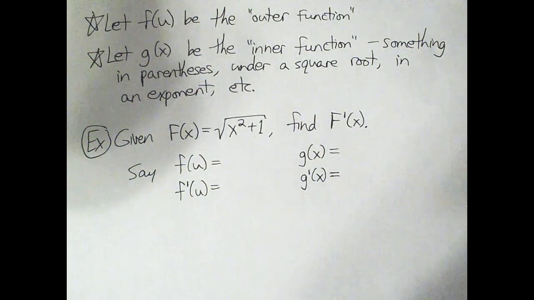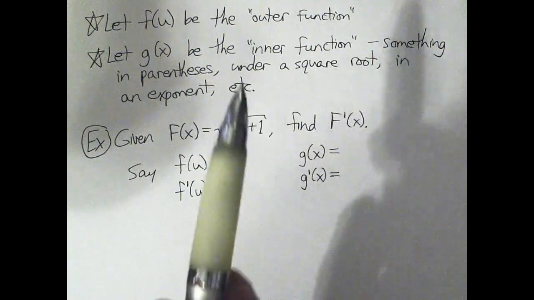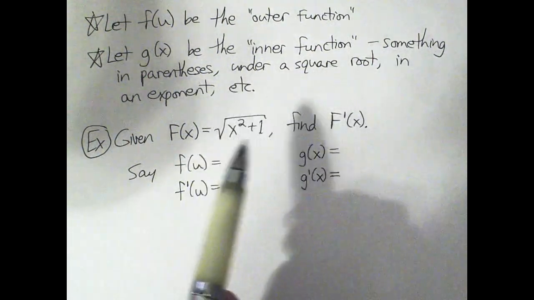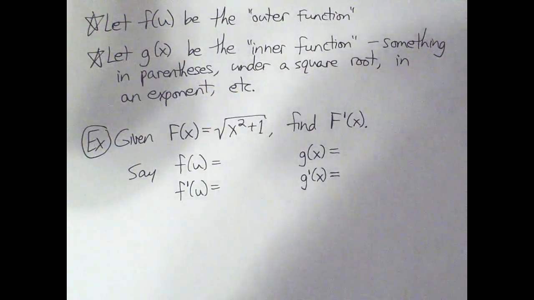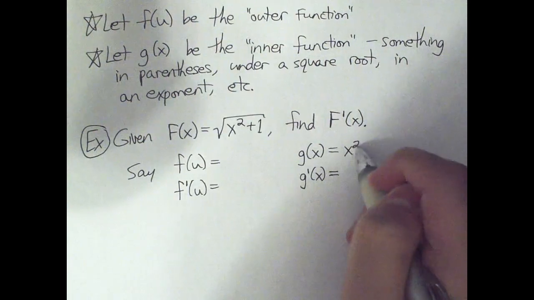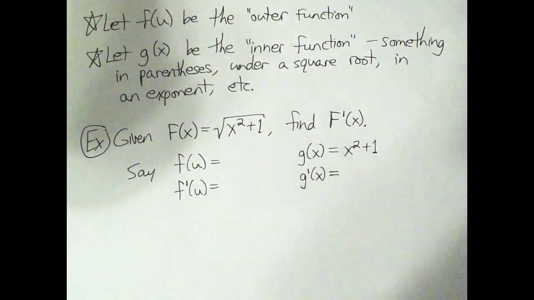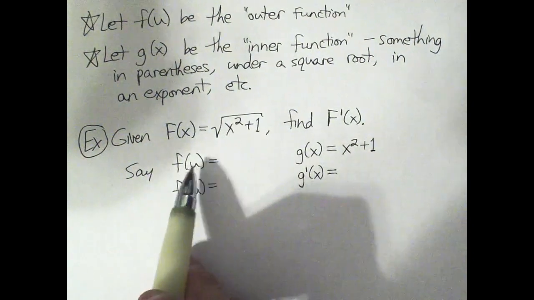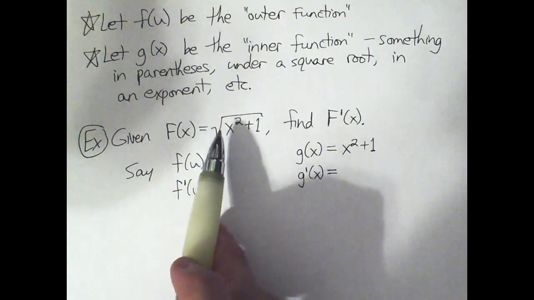And then you have to identify the inner and outer function. Well, I've already said that the inner function is something that could be under a square root. Sometimes the inner function is easier to identify first. So anyway, I think the inner function is x squared plus 1. It's on the inside of a square root. Now let's say, what is f of u? Well, it would have to be the square root, right?